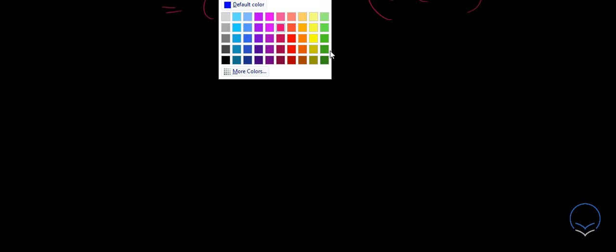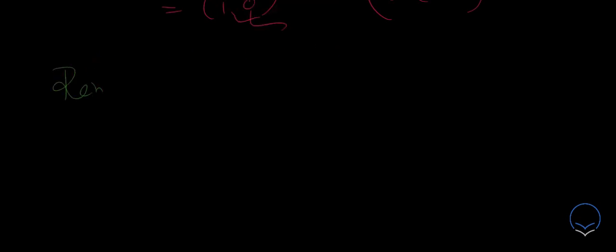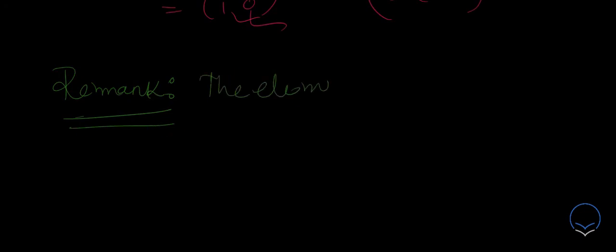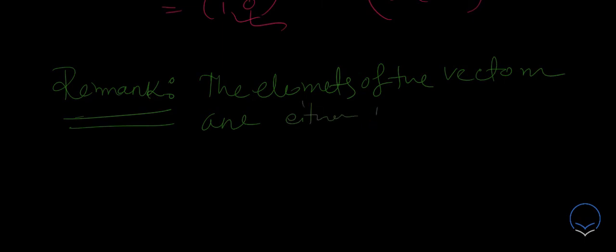And a final remark is that the elements of the vectors are either real or complex. In general you can say they are just complex, because if you take out the imaginary part, it's just a real number.